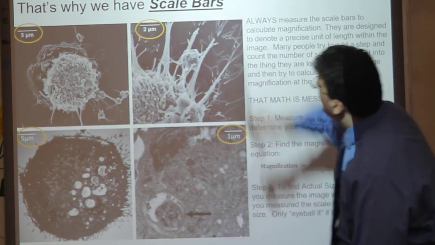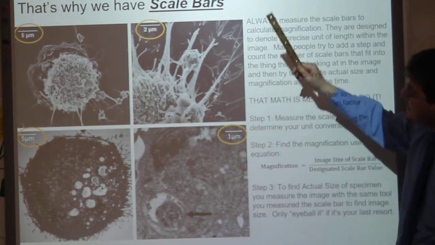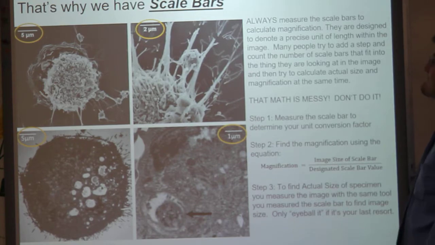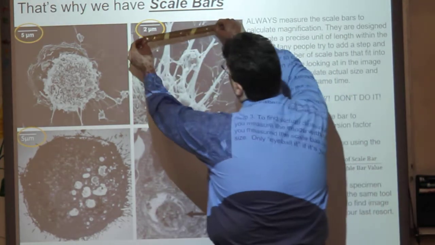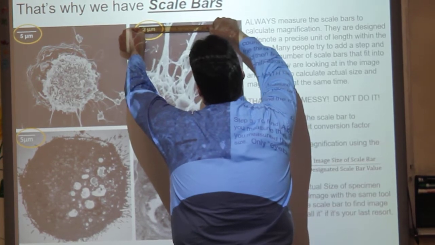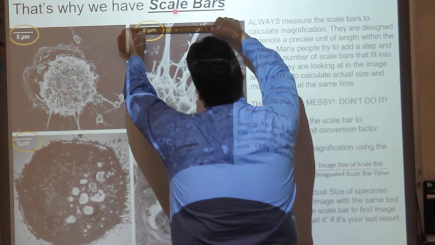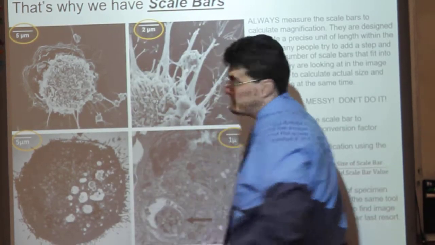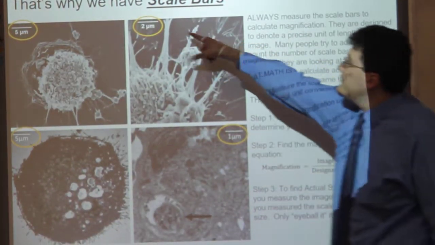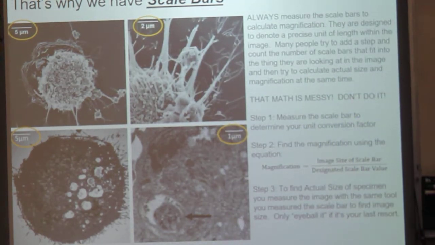If I have a scale bar, that's the first thing I'm going to measure, no matter what. If I want the magnification of my image, I am going to measure the scale bar from the ruler to here, and that is 80 millimeters. 80 millimeters is equivalent to 2 micrometers.